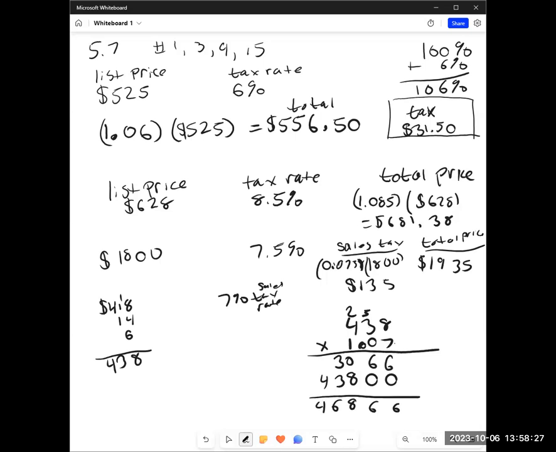So I read those numbers backwards, but that's 46,866 is what it looks like right now. But I have 2 decimal places. So that's going to turn into $468.66 for my total price.